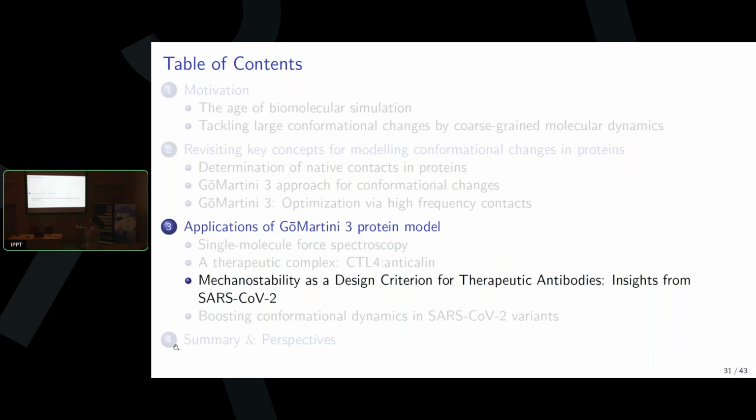And this was translated to SARS-CoV-2. Considering that the spike protein is a very robust system, we could imagine that there is some signature or footprint of mechanostability. We showed that this is present at the level of the RBD. Of course, this has to be extended, and this has also been done over recent years.